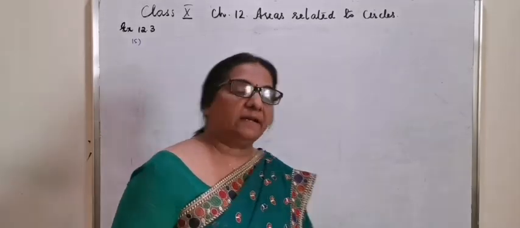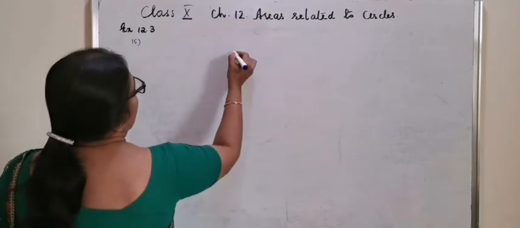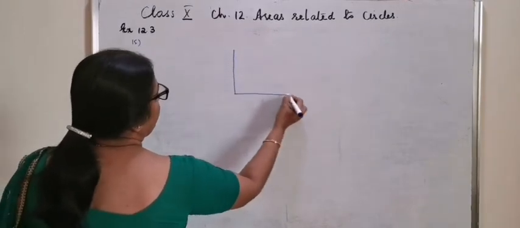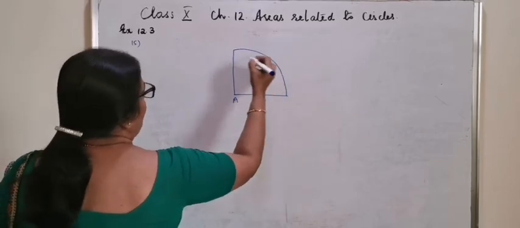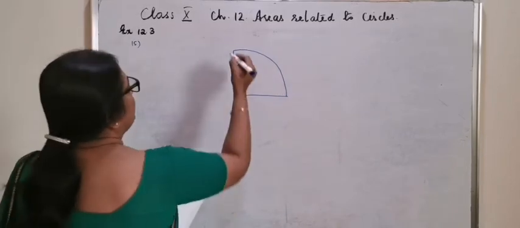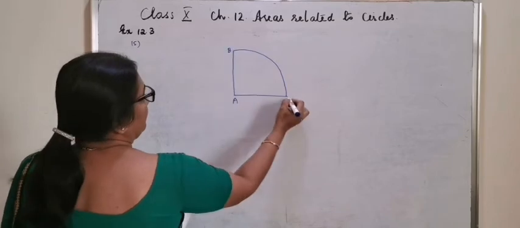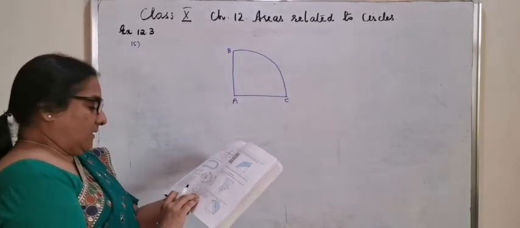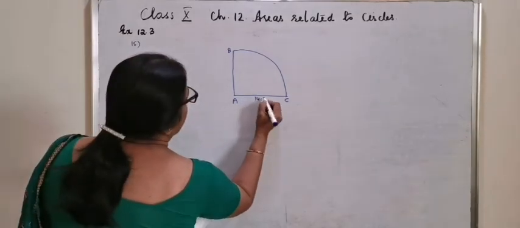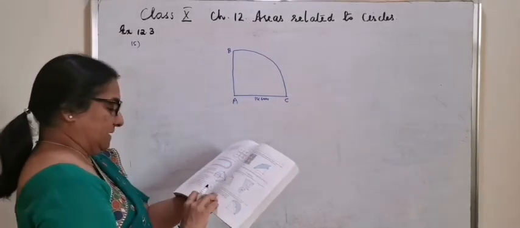ABC is a quadrant of a circle. You can see how to draw the figure, ABC as a quadrant of a circle. This represents a quadrant, and now of radius 14 centimeter. The radius is given as 14 centimeter.